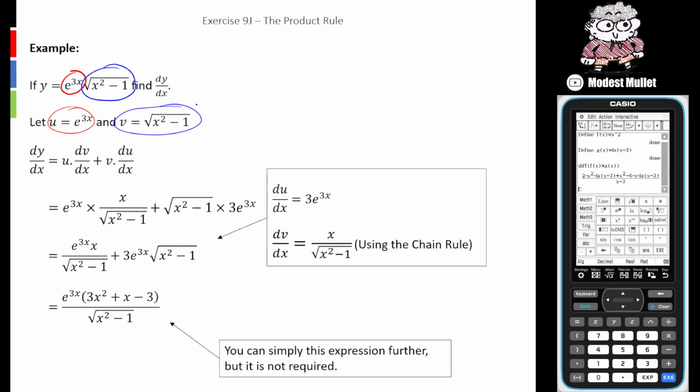The trick with this is then looking at v, which is the square root of x squared minus 1. As it says down here, finding the derivative of that, we have to use the chain rule.